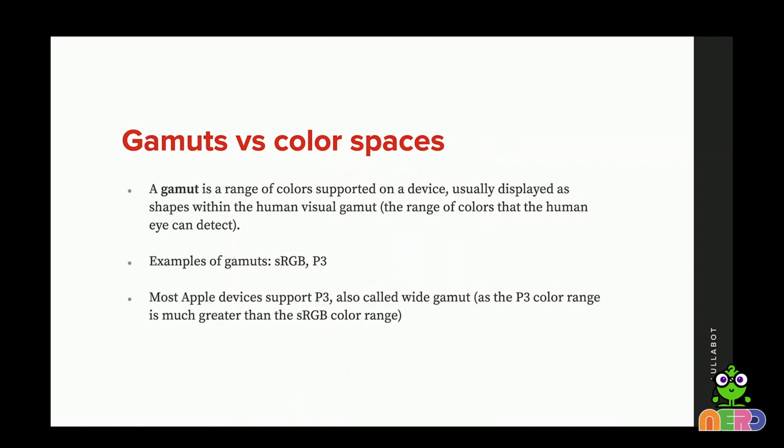But either way, I'll still be able to show you what I have, even if it's not going to be accurate. And P3 is also called wide gamut, so you might have seen that if you're looking up what your computer specs are. It might say wide gamut somewhere. And I don't know if this is obvious, but the P3 color range is much bigger and greater than the sRGB color range, which is why it's newer.